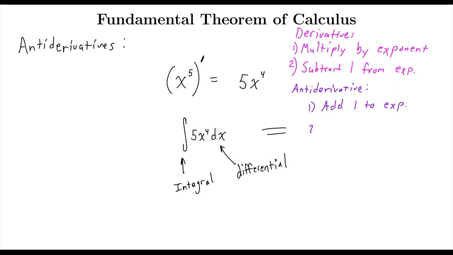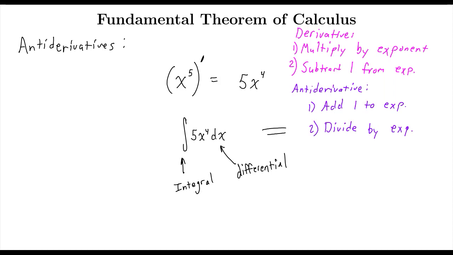Then the next step, instead of multiplying by the exponent, I'm going to divide by the exponent. So add 1 to the exponent, then divide by the exponent.